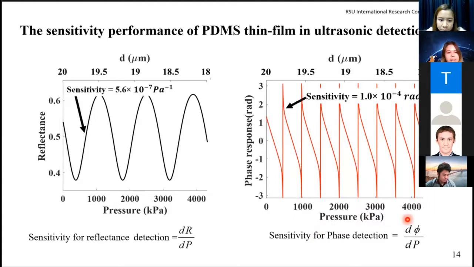We find that the reflectance can provide a sensitivity of 5.6 × 10^-7, and the phase response can provide a sensitivity of 1 × 10^-4.